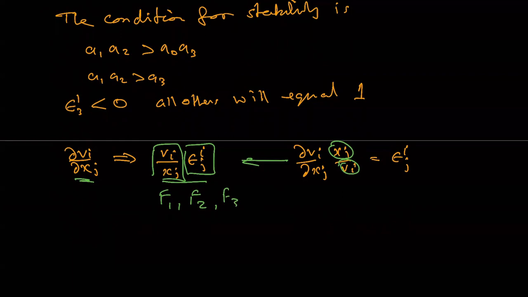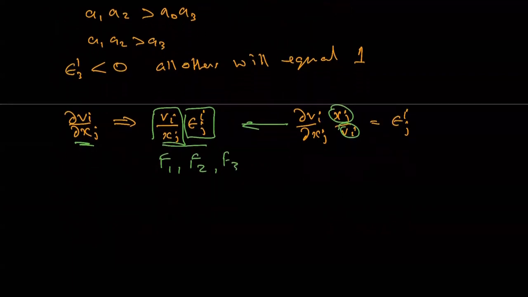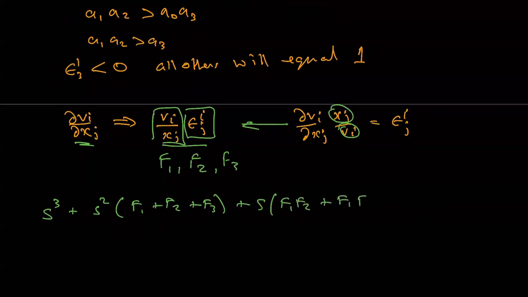And when you do this to the characteristic equation, you end up with, let me write this out properly: s cubed, plus s squared times (F1 plus F2 plus F3), plus s times (F1 F2 plus F1 F3 plus F2 F3), plus the term without the s factor, which is F1 F2 F3 times (1 minus epsilon_13), and that equals 0.